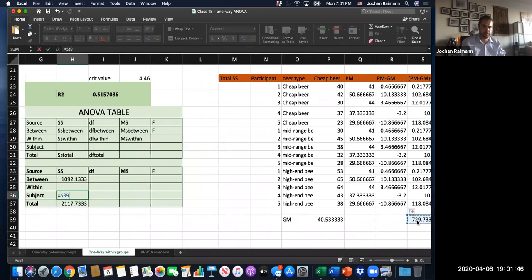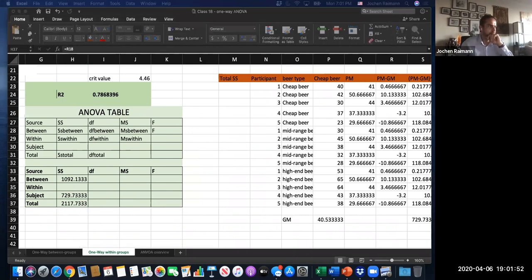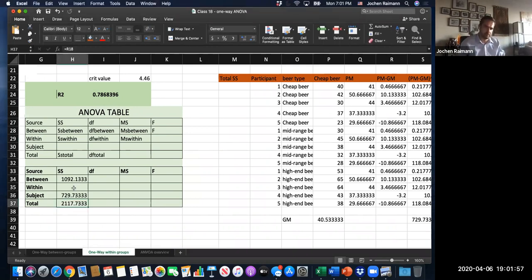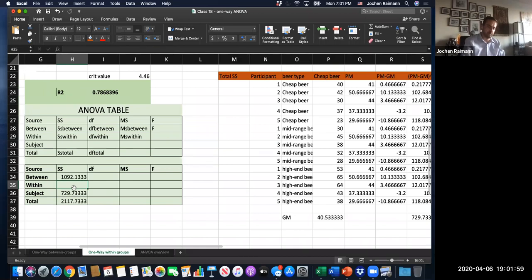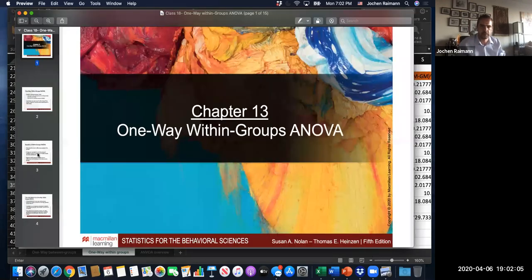And this is our sum of squares for the subject. So, and now, you will probably guess it already. It's actually fairly simple to just calculate the within subject sum of squares.